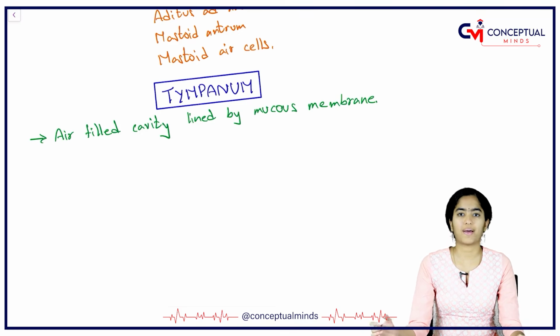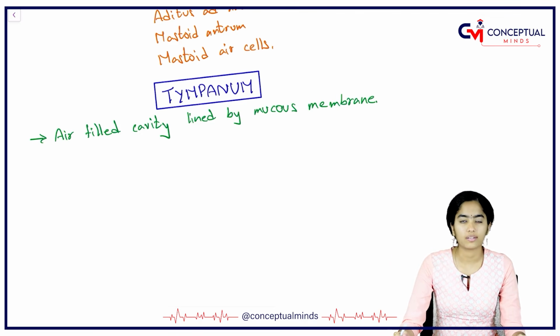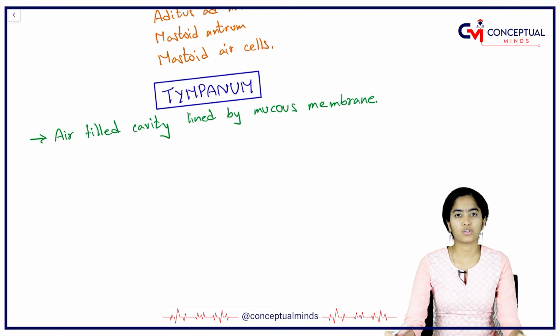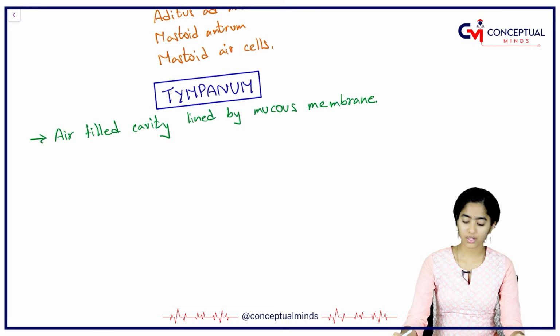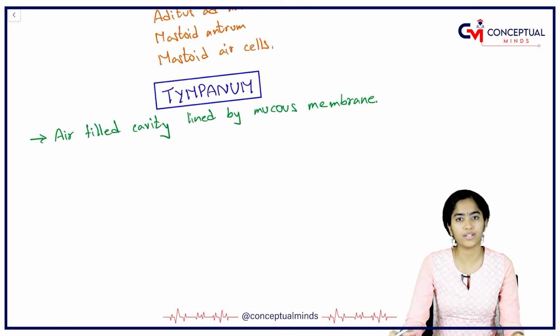External ear is just a passage that collects the sound and transmits the sound into middle ear. Middle ear has the function of transmitting the vibrations of the tympanic membrane into the inner ear, and in this process it also amplifies the sound. And it also has a protective mechanism to protect the ear from excessively large sounds.